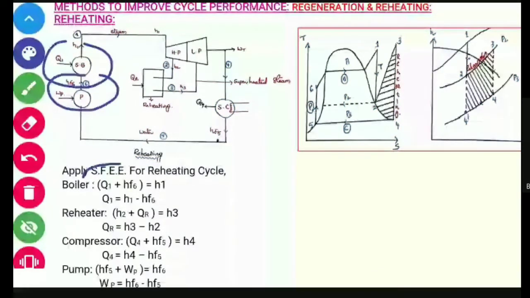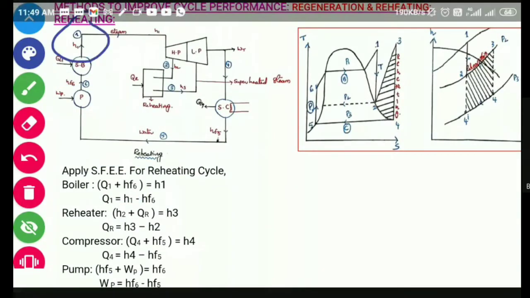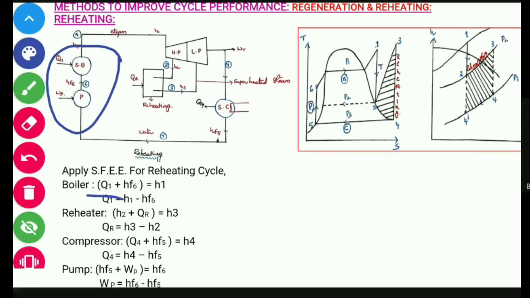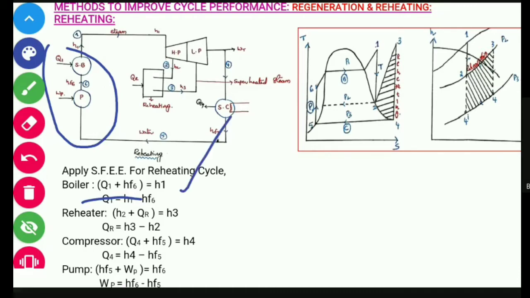Q1 and HF6 are entering inside, but what is leaving? H1 is leaving outside. So for the boiler, you need to give the heat and water, Q1 and HF6, and it gives H1 as output. Q1 and HF6 are the intake, H1 is the outlet.